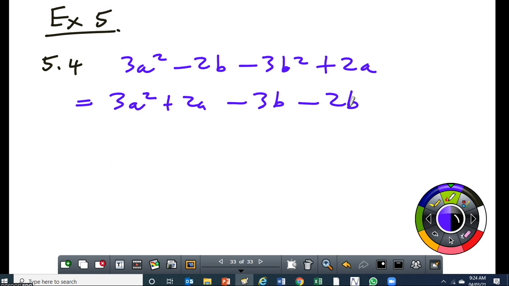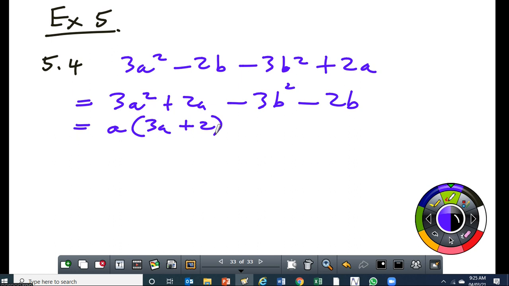Then the next thing now, the first two terms, I'm going to determine a common factor. What's the common factor? Okay, this is supposed to be b squared, isn't it? Do we have a common factor then? Well, what's the common factor? It's a. So if I take out a, I'll end up having a times 3a plus 2, like that.